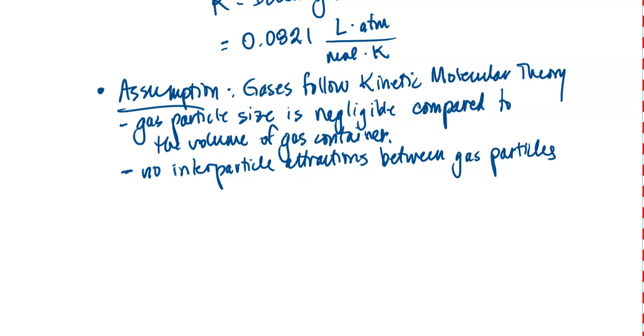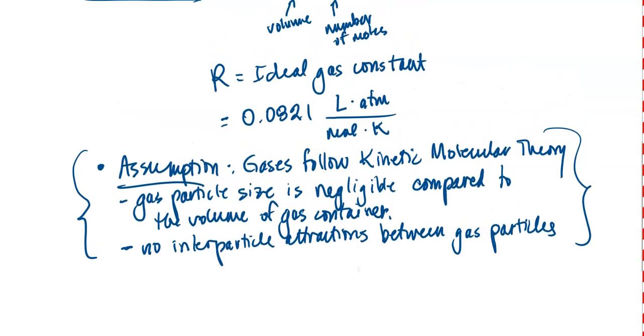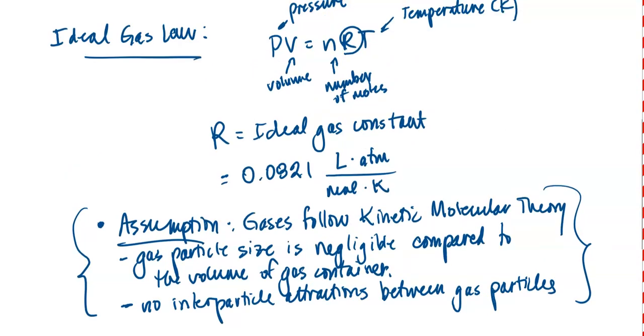What this means is that when these gas particles collide with each other in the course of chemical reactions, they're not going to stick to each other like two pieces of gum. They're going to bounce perfectly off each other like balls on a pool table. So basically perfect collisions where we don't lose any energy at all. And so that's the framework under which we can use the ideal gas law.